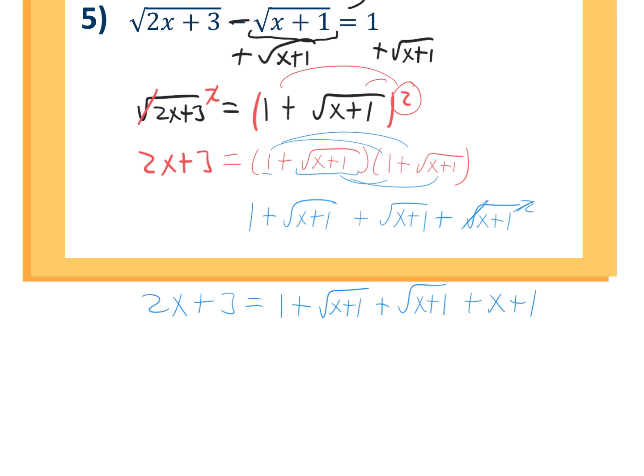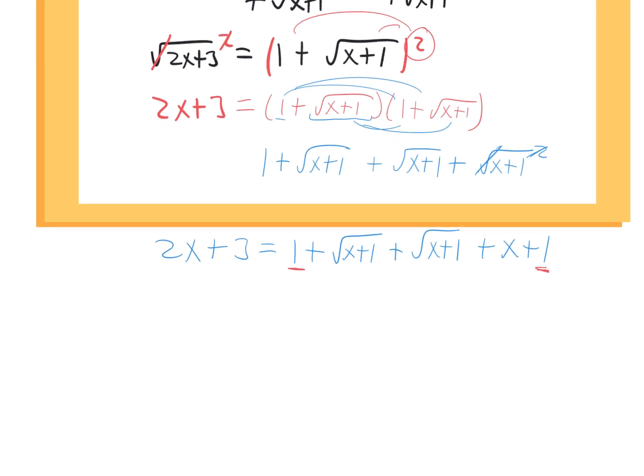Now that it's out of that radical, you can combine like terms. We have a whole number 1 and a whole number 1, and we can combine those on this side of the equal sign to get 2. We just have an x by itself, and there's no other plain x's that we can combine it with, so we get 2 plus x.